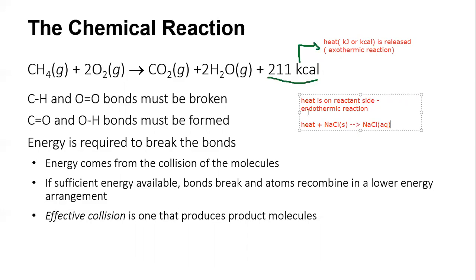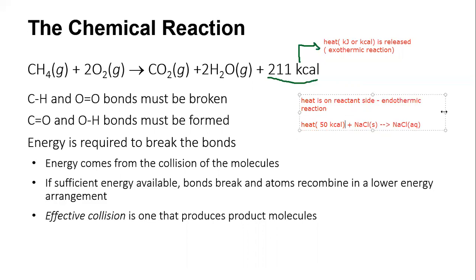And so here heat is being absorbed because it's a reactant to dissolve the sodium chloride in solution. So if you see heat as a product, it's exothermic. If you see heat as a reactant, it's endothermic. There could be some number here, like, for example, 50 kilocalories. That indicates it's an endothermic reaction.